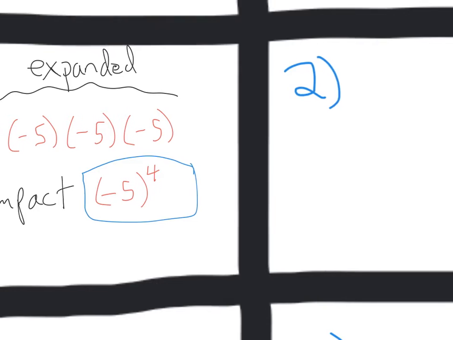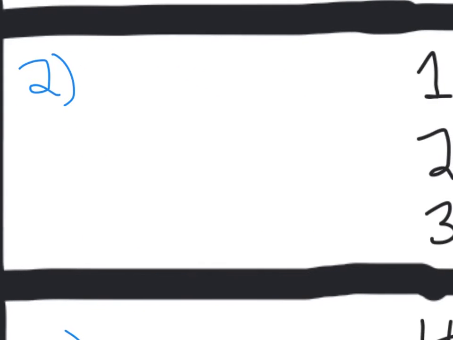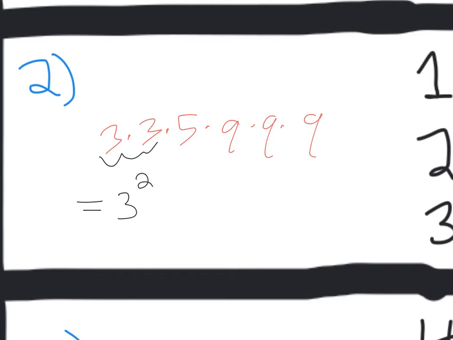Moving right along, for number 2, we've got 3 times 3 times 5 times q times q times q. If we were to write this expanded form into compact form with exponents, we've got 3 squared times, we've only got 1 five here, so that would just be 5 to the 1st power.